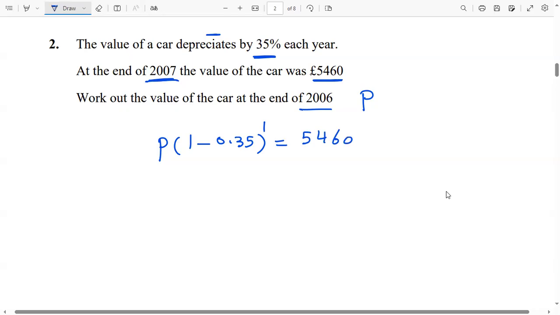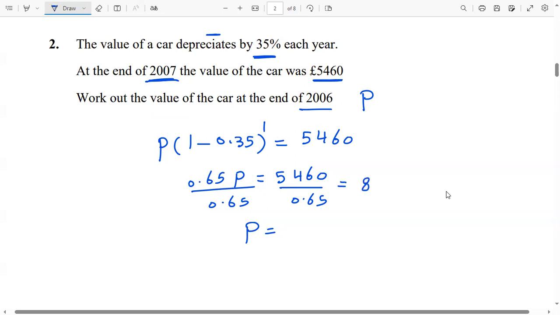By solving this one, you have 0.65P equals 5,460, and then divide by 0.65. You get the value of P, the initial price of the car. This value is 8,400 pounds. Okay, 8,400 pounds. Next question.